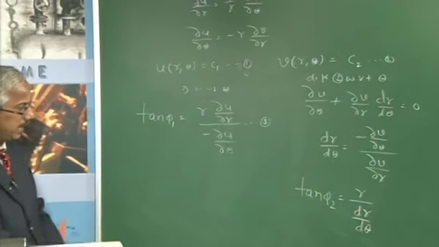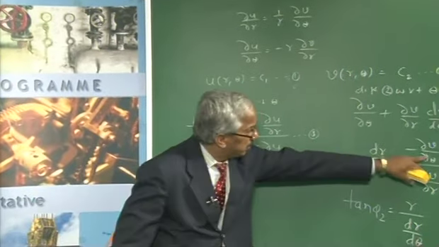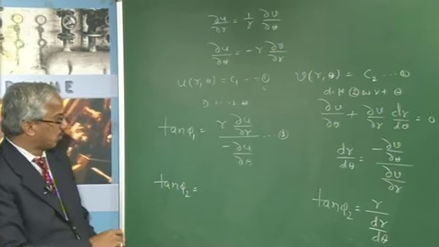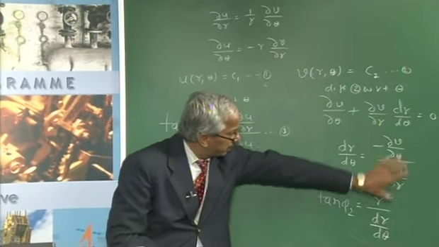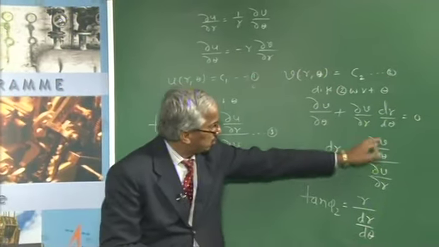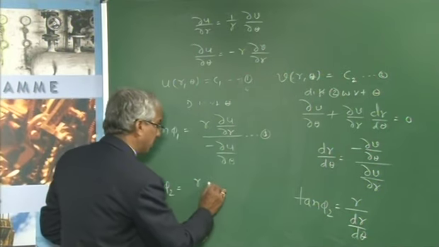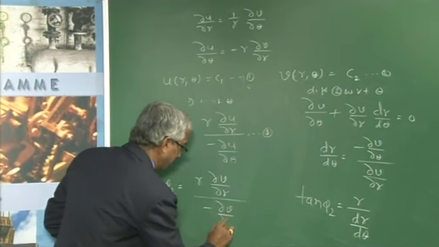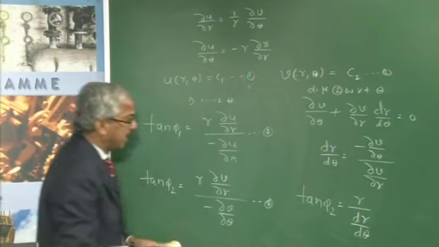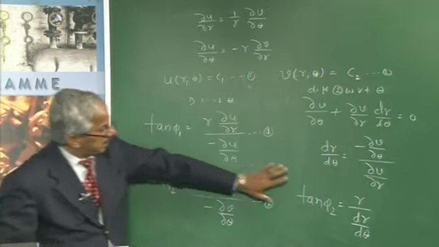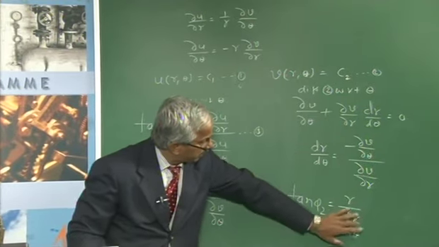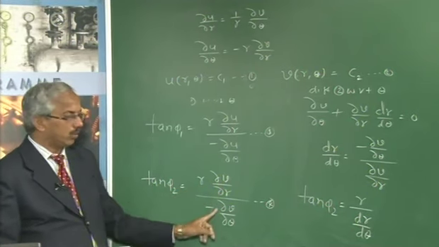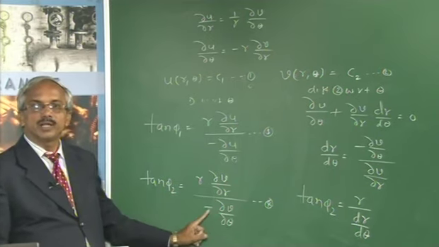Substituting this, tan phi 2 is equal to r divided by minus dou v by dou theta divided by dou v by dou r. As with tan phi 1, follow the same procedure: the denominator term goes to the numerator, and finally tan phi 2 is equal to r into dou v by dou r divided by minus dou v by dou theta.